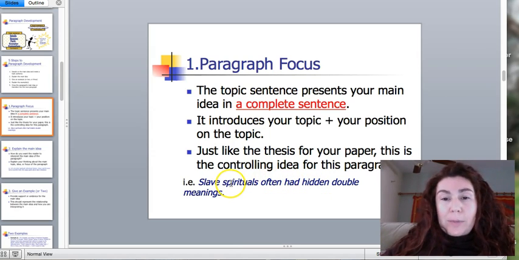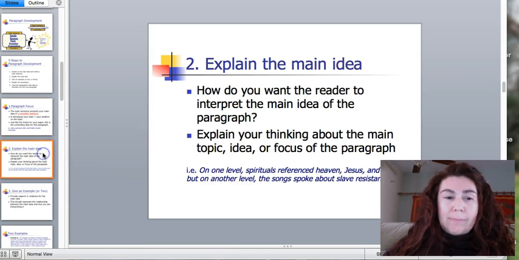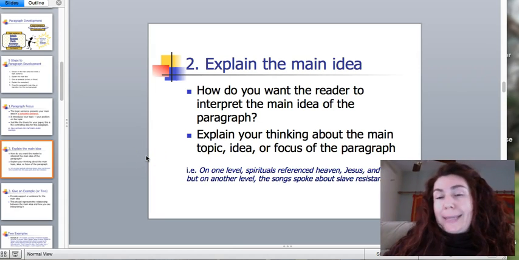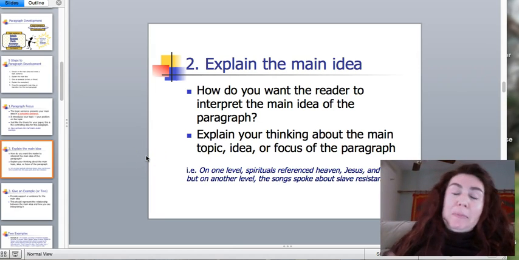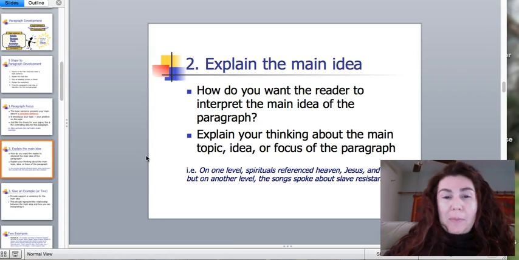Okay, so that's going to be the focus for the paragraph that I'm going to show you as we formulate this together. Okay, so the second step is, let's explain this idea, all right? Maybe most people don't know a lot about spiritual slave music, so we're going to have to do some explaining.